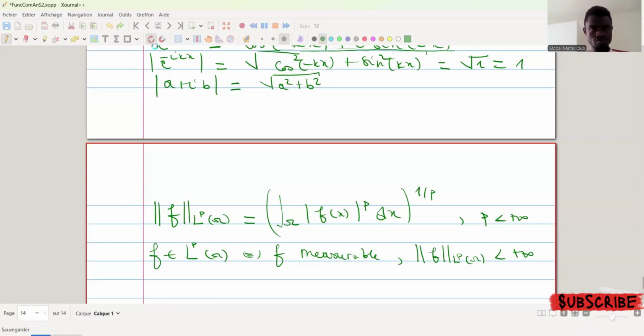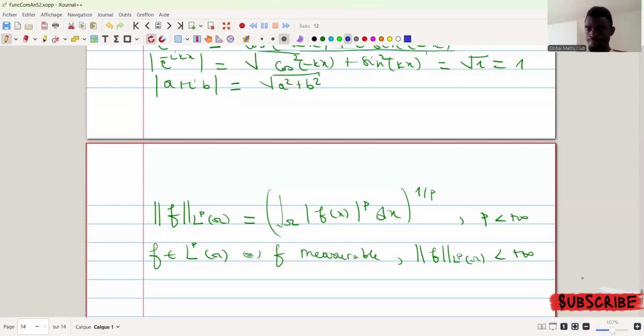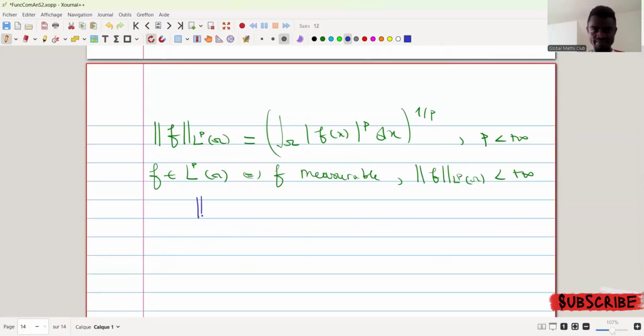Now coming back to our main purpose, we have then the modulus less than the L1 norm of f. So if we take the supremum over k, this is for all k.